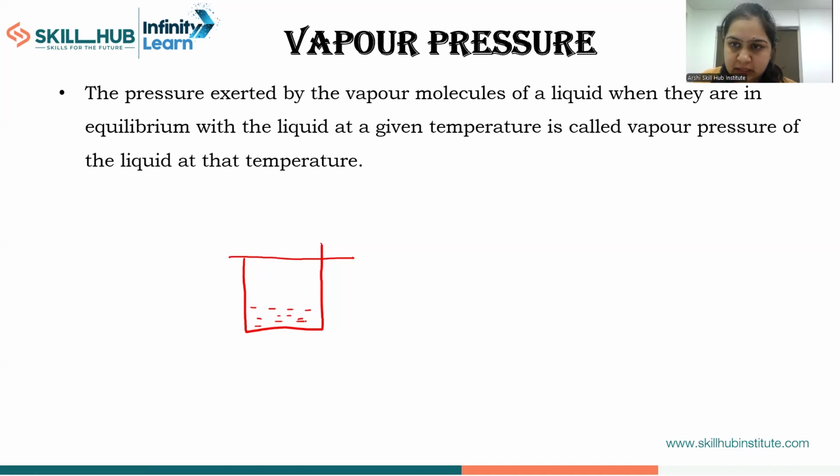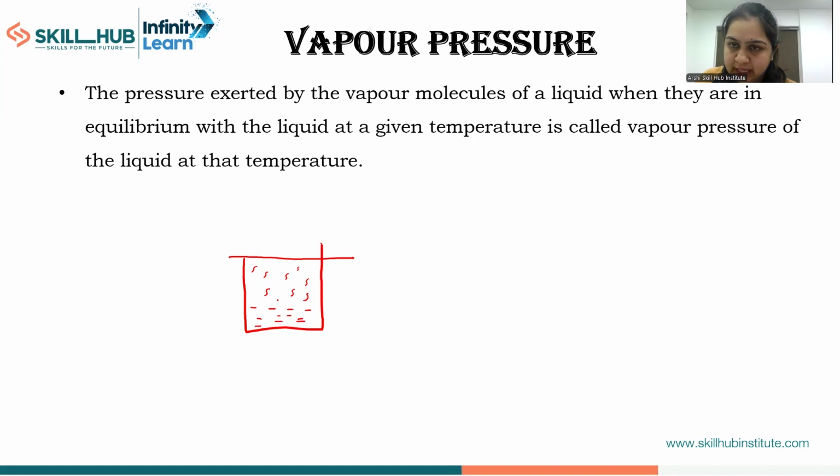Now, since this beaker is closed, the vapor will form only in this blank space that I can see over here. As time passes, the vapors will start forming in this blank space. After some time, the air above the solvent will be completely saturated with vapors.